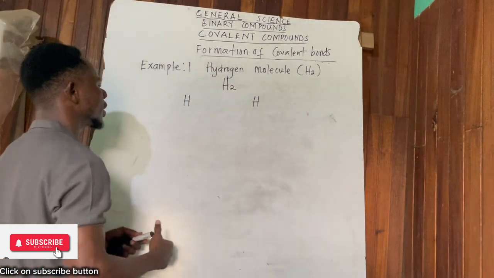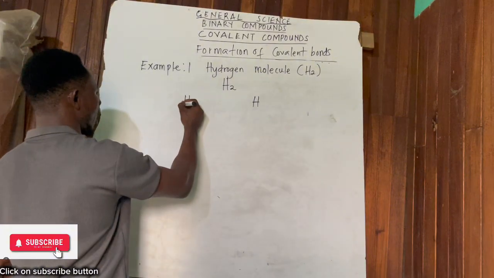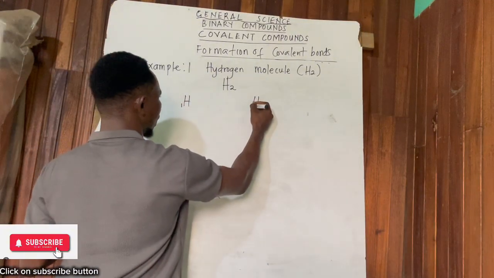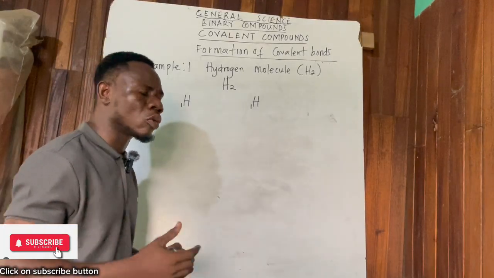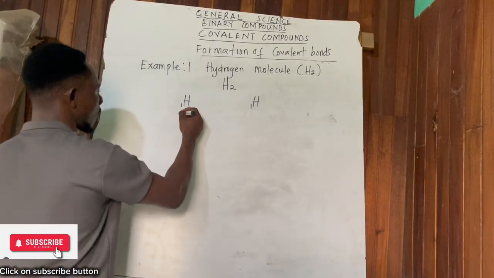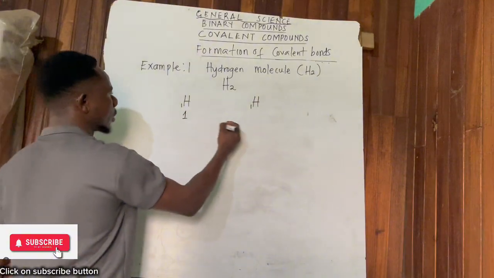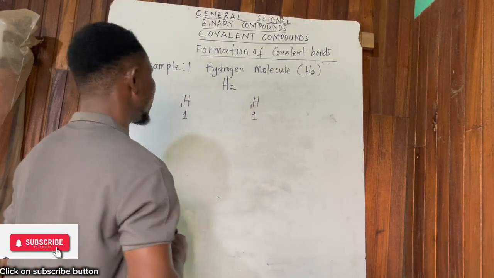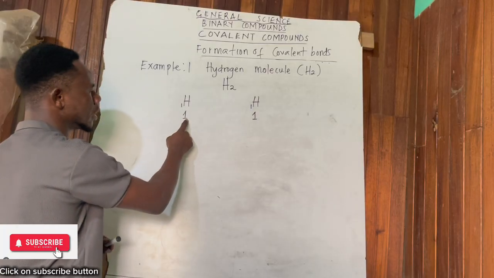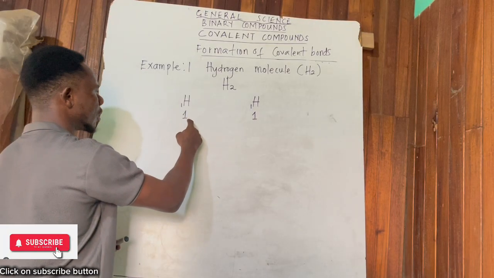Hydrogen on the periodic table has atomic number 1. Hydrogen here also has atomic number 1. The electronic configuration for hydrogen is 1, same as this. This means hydrogen needs 1 more to be stable.